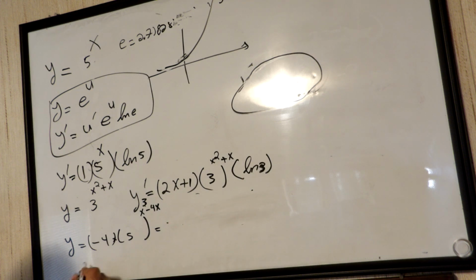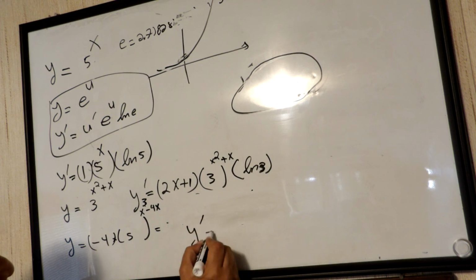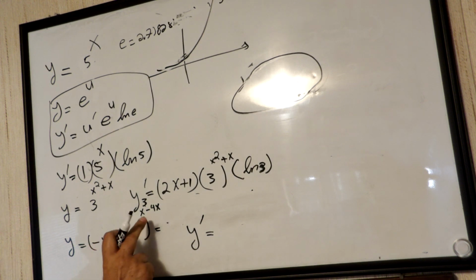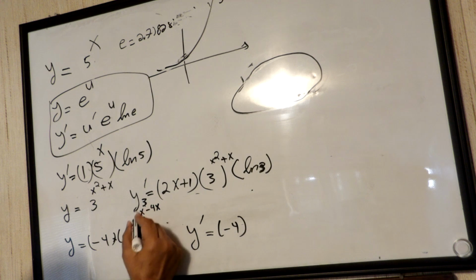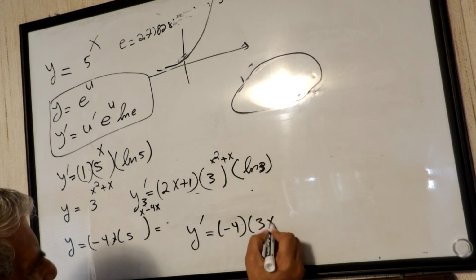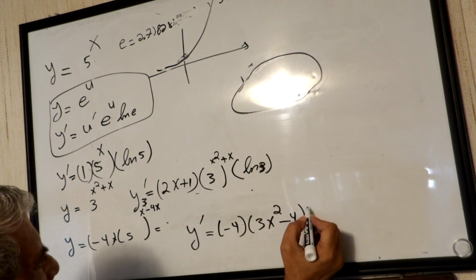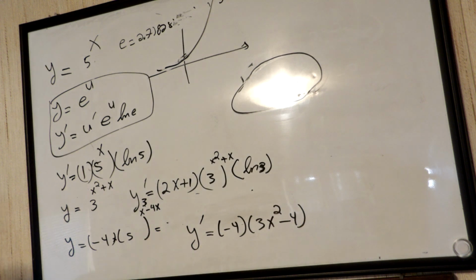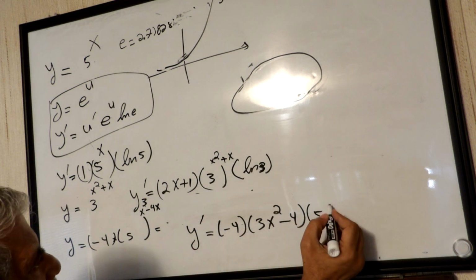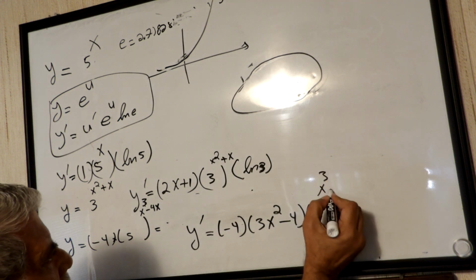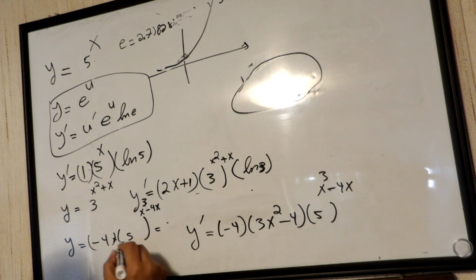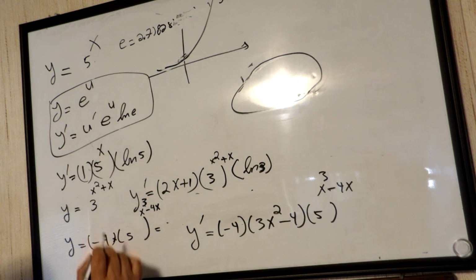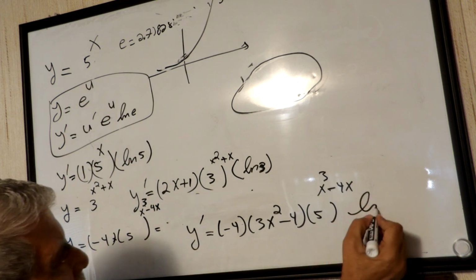So what's going to be the answer? Why the derivative of this? You write minus 4 here, and the derivative of the exponent is going to be 3x squared minus 4, and then u, which is 5 to the power of x cubed minus 4x, and then ln of 5.